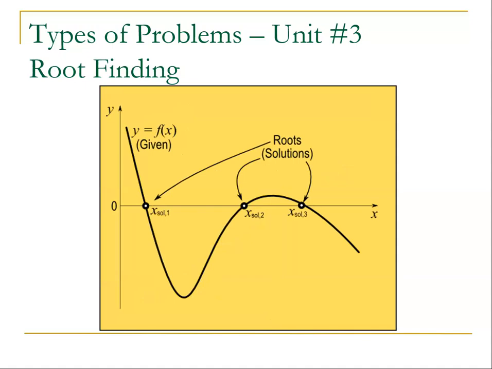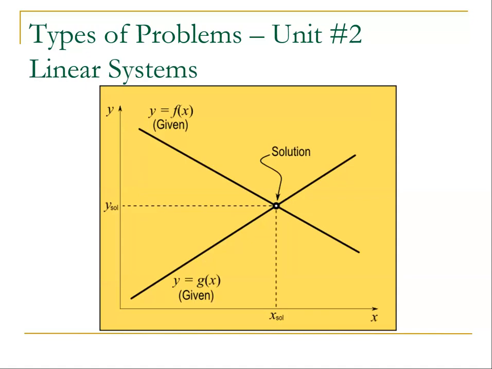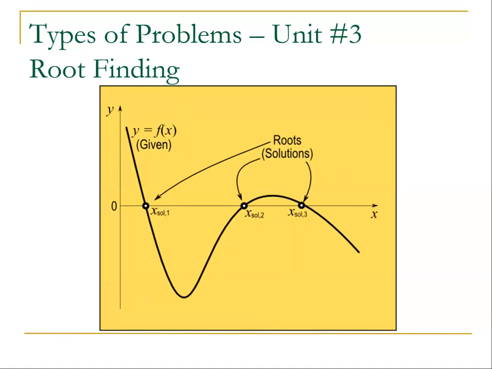So what we did is we had two relationships and we repackaged them so that one of the relationships is y equals 0 and the other relationship is this. Now where they meet is the answer. If you have a linear problem, you can only have one answer because of two relationships. But when you have a nonlinear problem, you can have more than one answer, even if it's just two relationships.